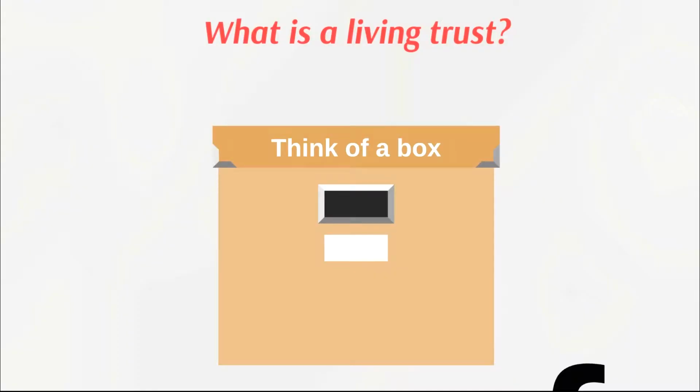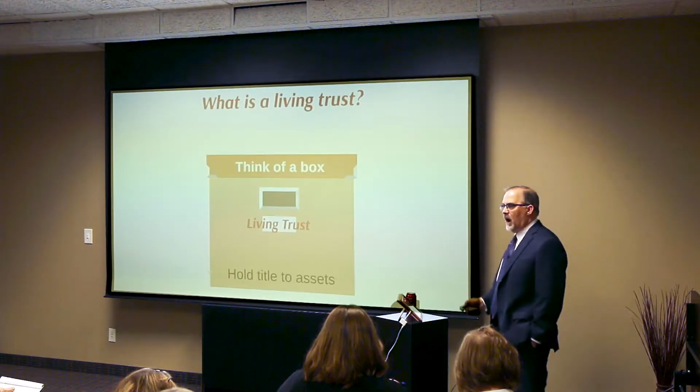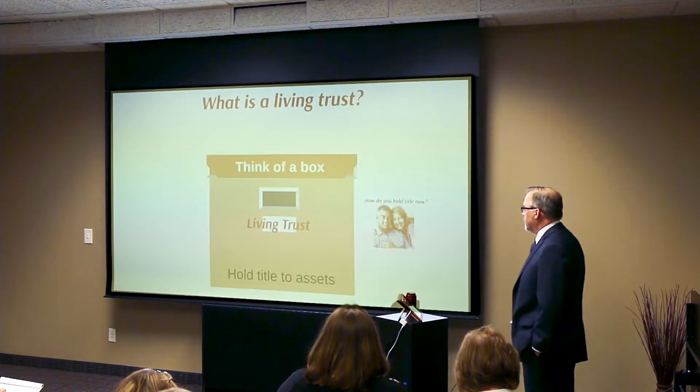Think of a living trust as a box, and we're going to label that box the living trust, or in this case of our example, the John and Jane Jones Living Trust. The purpose of the box is to hold title to your assets. So instead of the assets being in John's name or Jane's name or both of their names, we're going to retitle the assets to the trust.